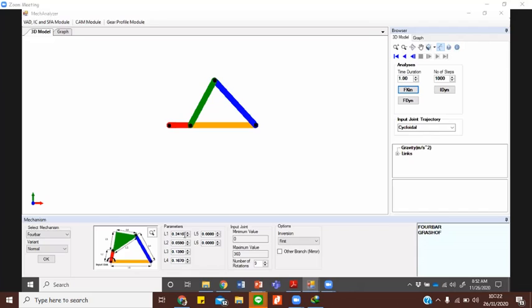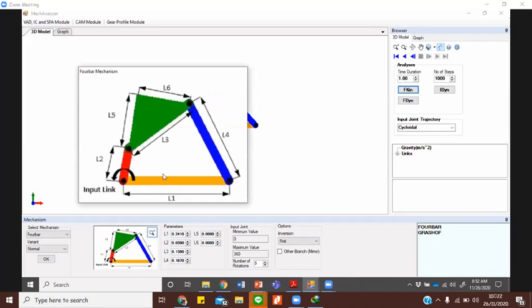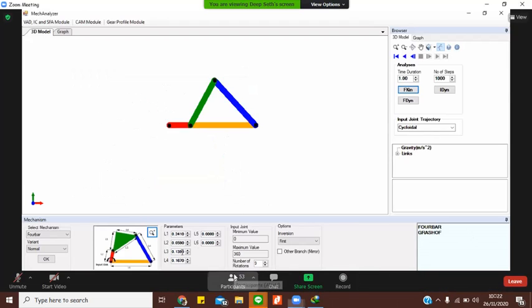Okay. So what I will do, you can see this link over here. This base link is L1, the smallest link is L2, the opposite side is L4, and this is L3. Don't worry about L5 and L6 for now. I made them 0 just to show you 4 bars.